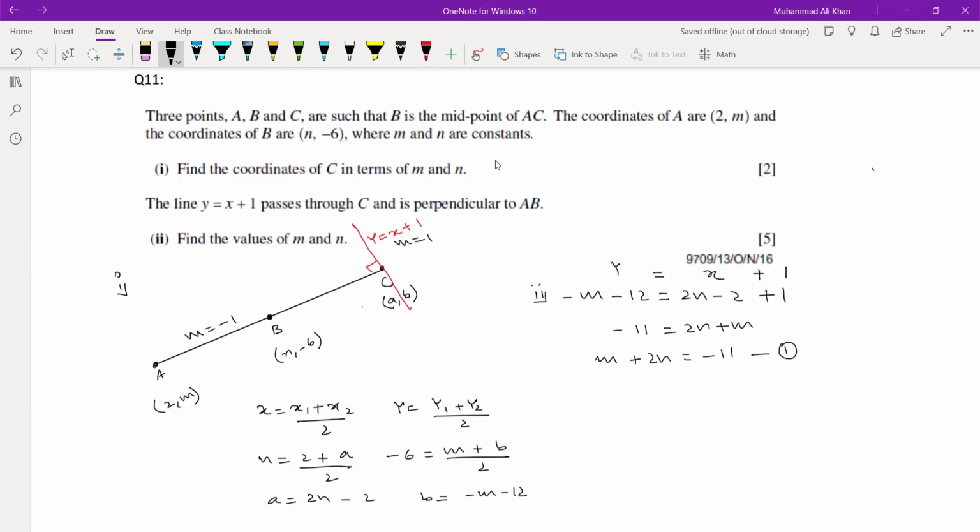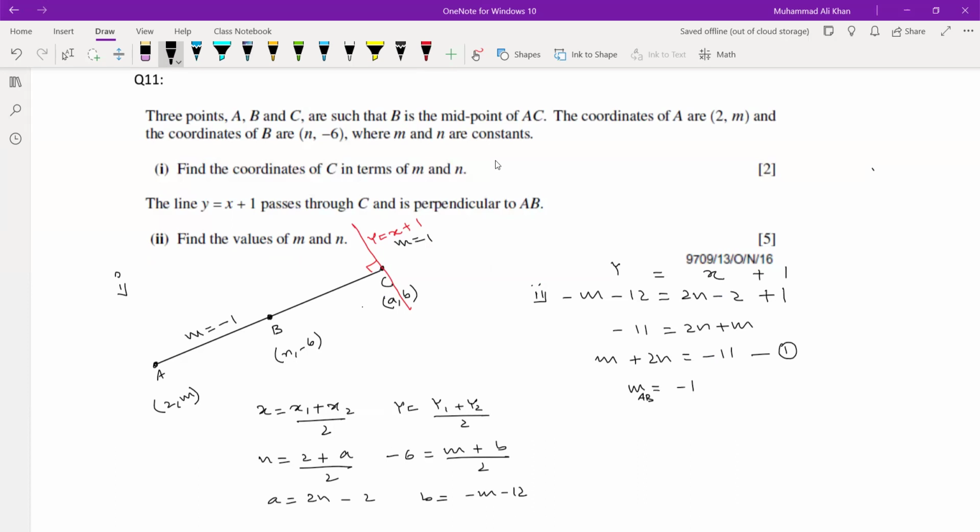If the lines are perpendicular, then the gradients are negative reciprocals of each other. So minus 1, the reciprocal of 1 is 1, right?